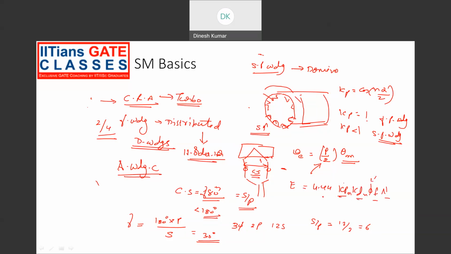So Kp is a function of n, and equal to 1 for the fundamental EMF component. But suppose I want to eliminate the nth harmonic component in the induced EMF En. For that, if I make Kpn 0, then En will be 0, right? So Kpn equal to 0, which implies cos n alpha by 2 equal to 0, which means alpha equal to 180 degrees by n.